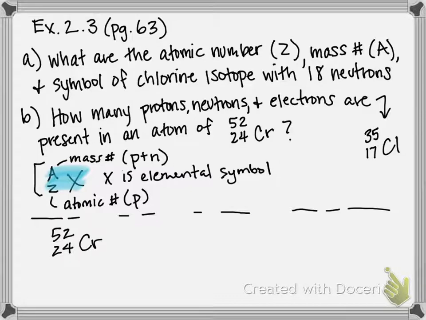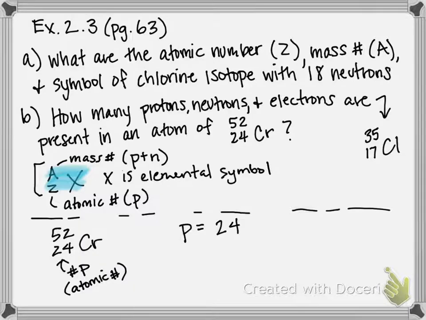Right off the bat, we can figure out our number of protons, which is also known as the atomic number. So protons are equal to 24.